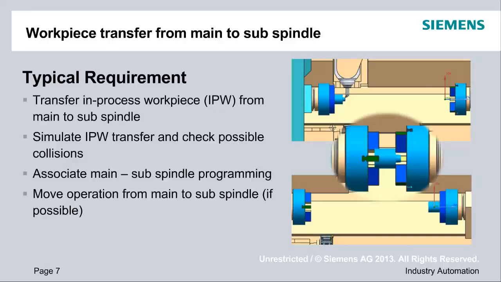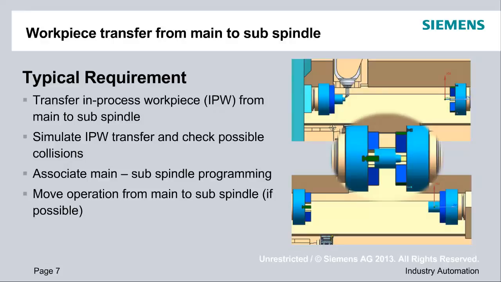By using this NX CAM functionality to move the IPW from the main to the sub-spindle, you can easily move operations from the main to the sub-spindle, and this is all associated to the IPW. So you don't split the IPW flow. If you change something on the main spindle, you directly see these changes on the sub-spindle. So you are always aware of where the IPW is and where material is to cut.